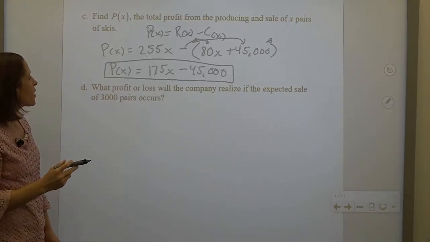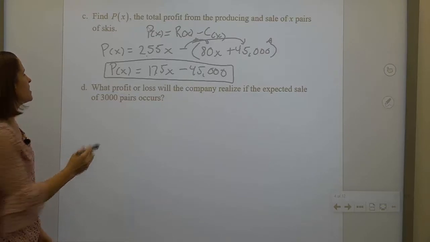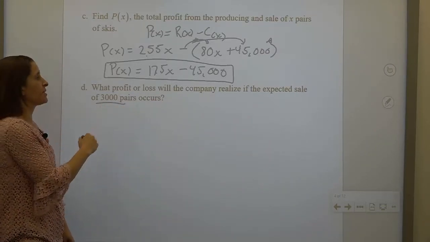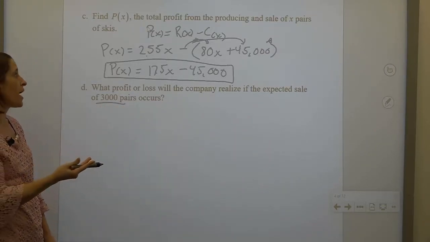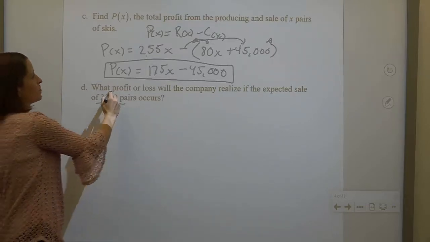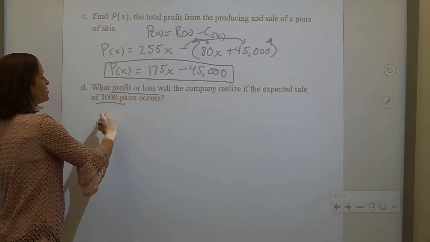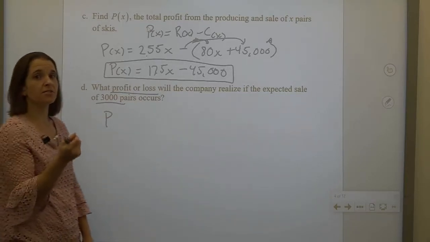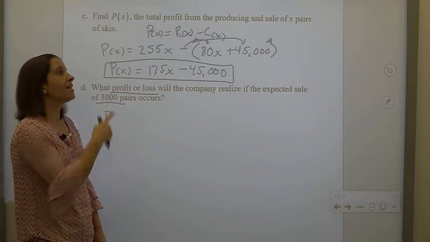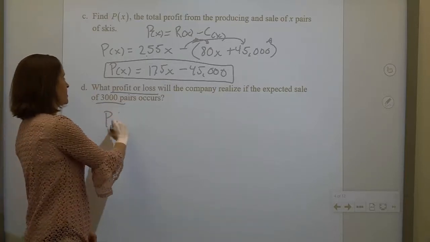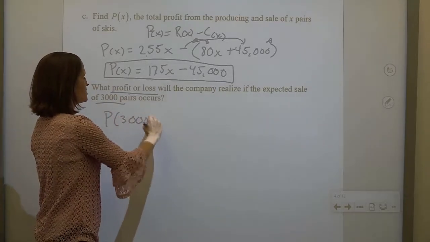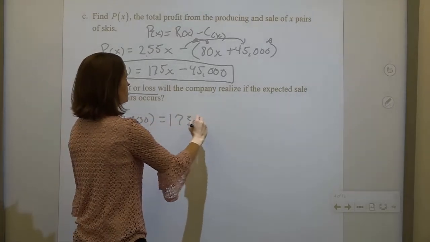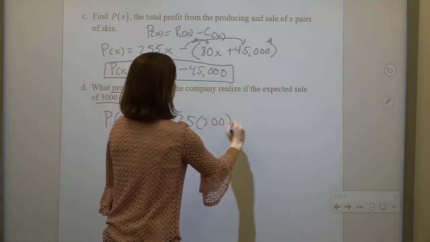So then it says, what profit or loss will the company realize if the expected sale, that's where that 3,000 comes in. So if they sell 3,000, what will happen? And it says profit. So all we are doing, because remember there are numerous functions floating around here. There's a cost function, there's a revenue function, and there's a profit function. It said profit, so that's the one I'm plugging into. So I'm going to plug 3,000 into our newly written and simplified profit function.